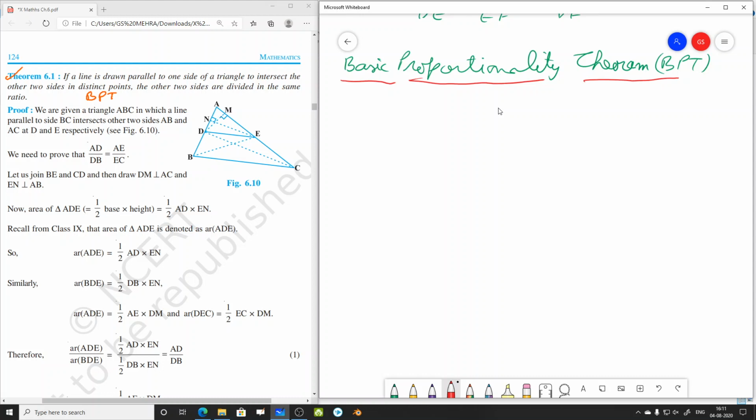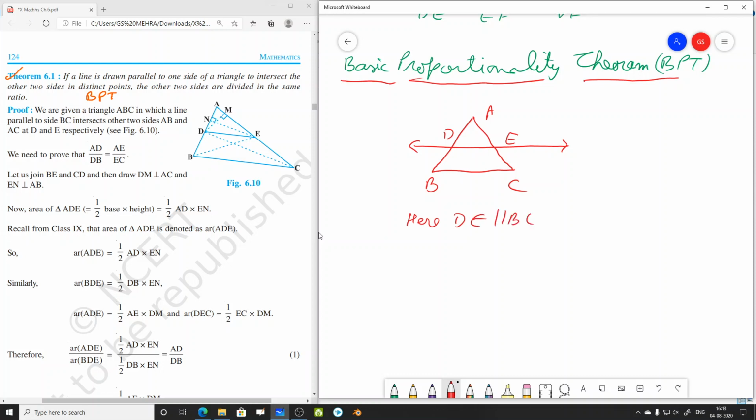Suppose we are having a triangle ABC, and there is a parallel line DE. So, here DE is parallel to BC.